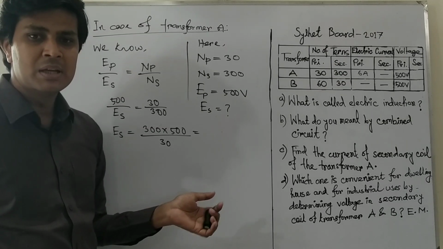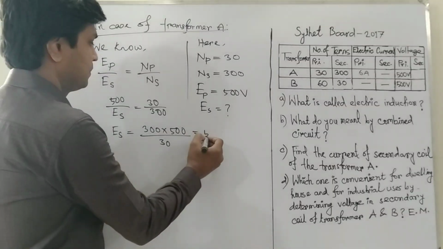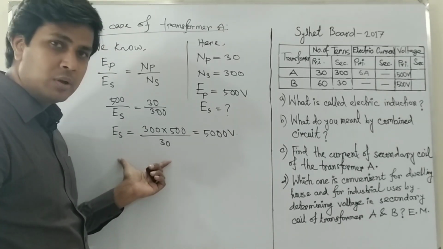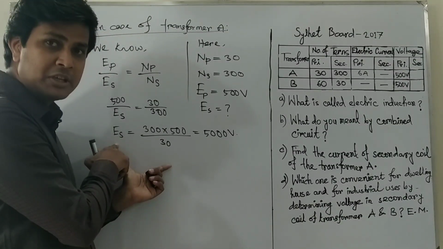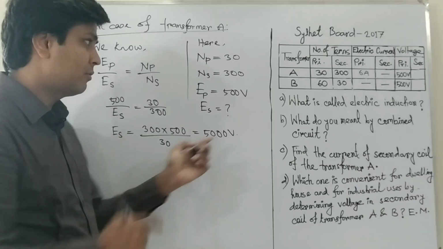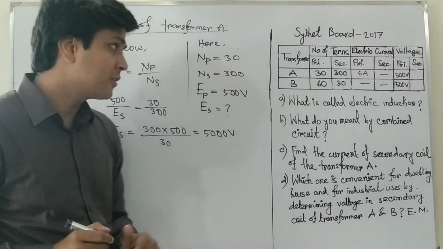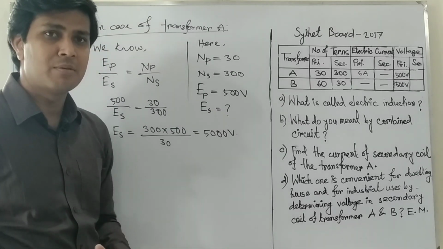The answer will be 5000 volt. We get the value of voltage of secondary coil for transformer A. Now we will calculate the voltage of secondary coil for transformer B.